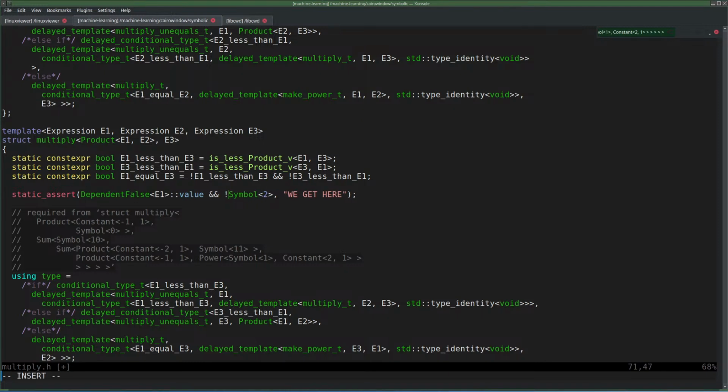So rather we get here only if this is not that type.